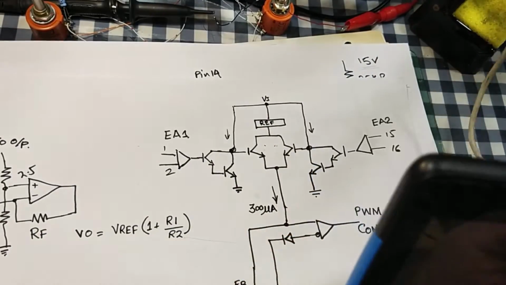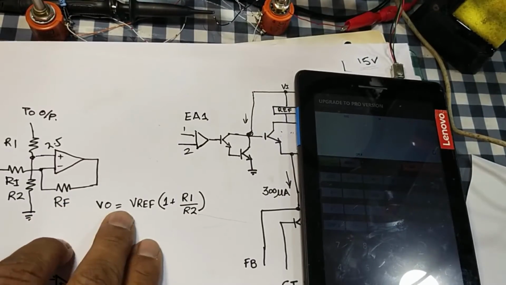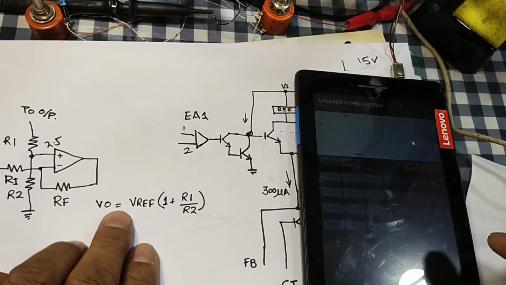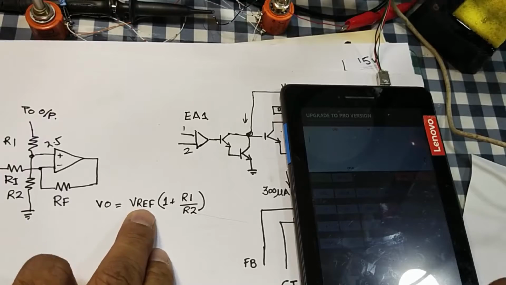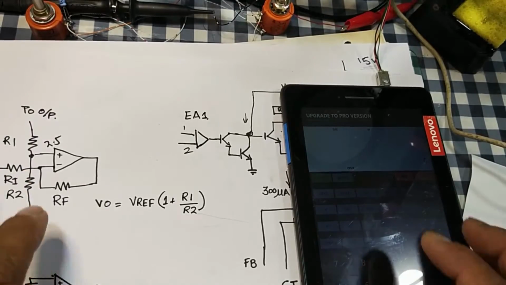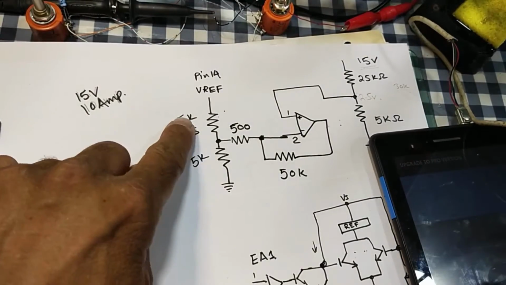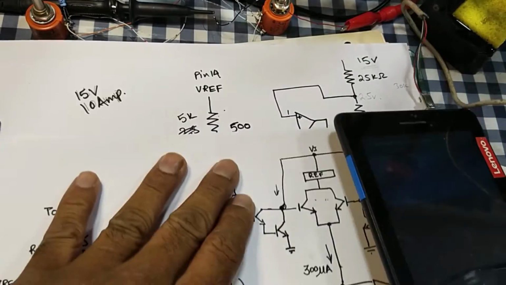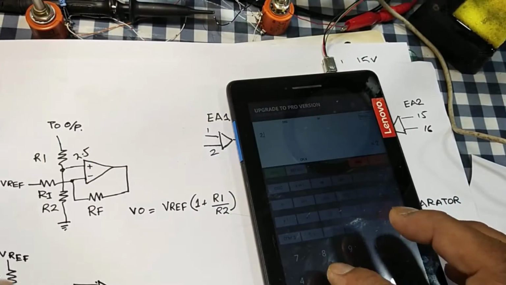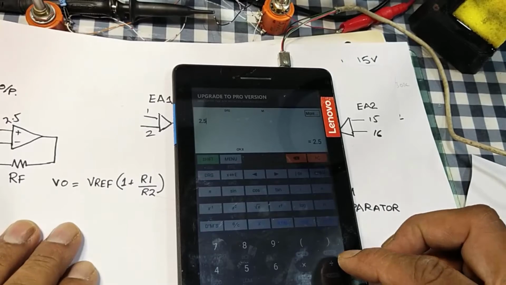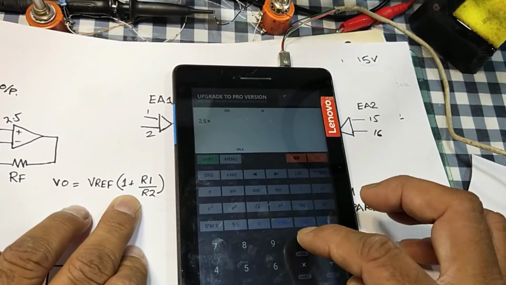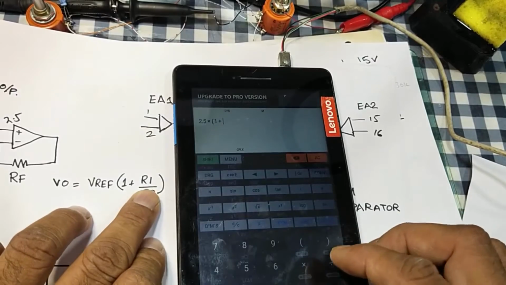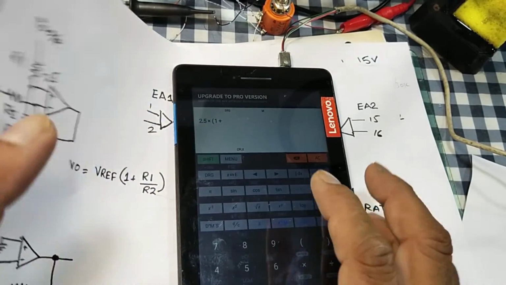Now we can calculate the output voltage using this formula. Vout will be V reference. V reference we divided, 2.5 volt, here 5k, so 2.5 volt, 2.5 multiplied by 1 plus R1.